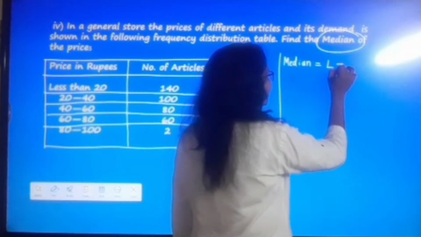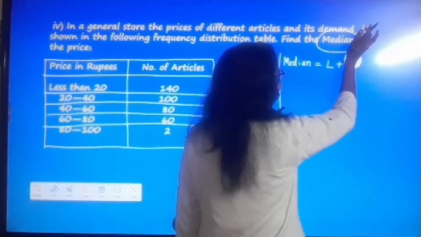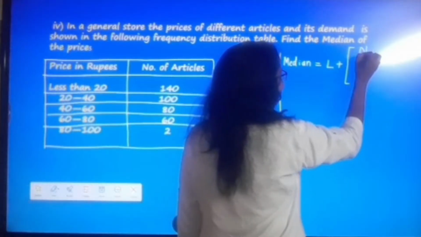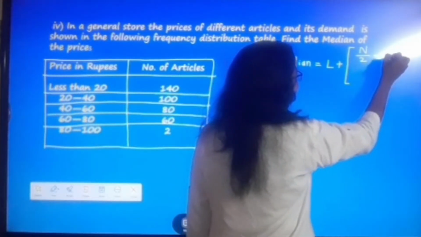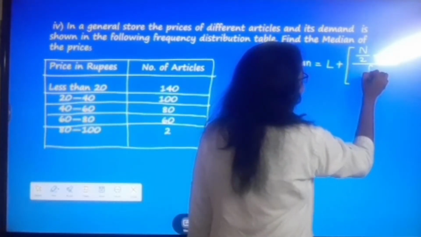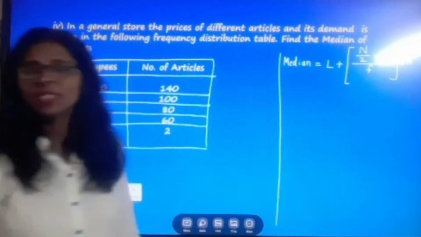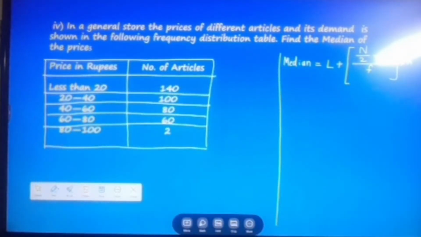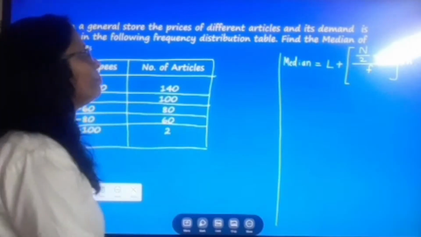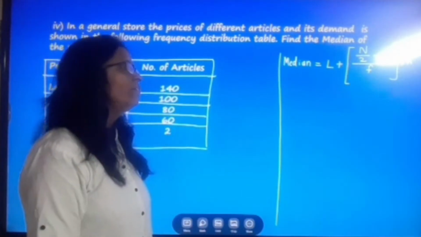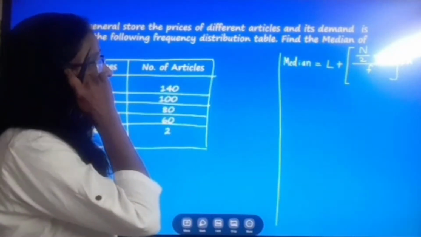So L plus, in the bracket, n upon 2 minus Cf upon f, multiply h. Okay students, this is the formula for median: L plus n upon 2 minus Cf upon f multiply h.